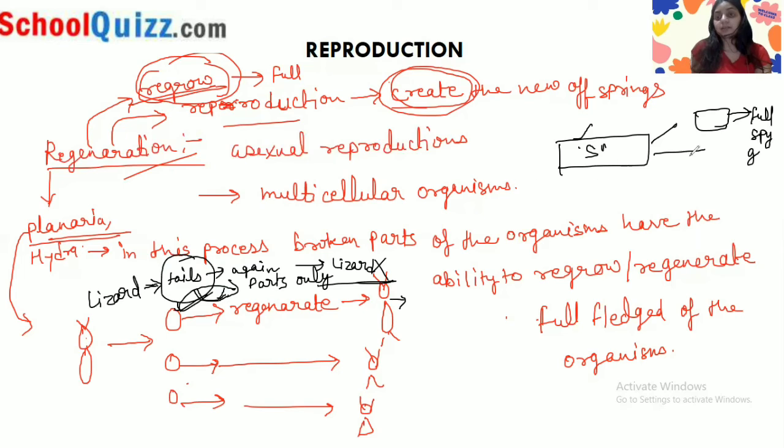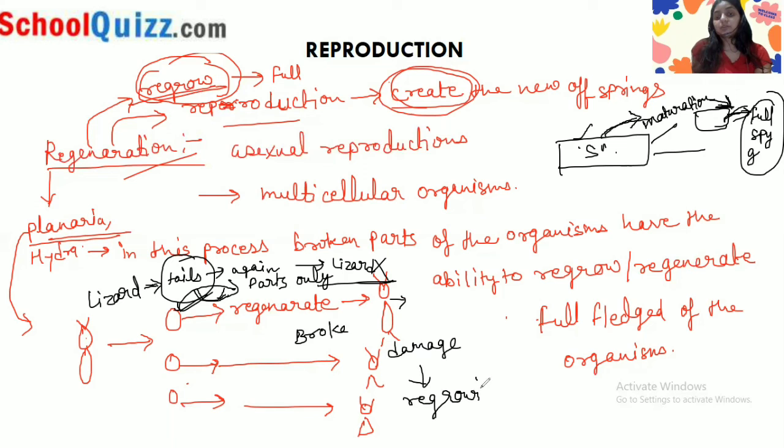And what is happening in fragmentation? Fragmentation happens at the maturation stage. This Spirogyra, at the mature level, will break or split into fragments, and these fragmented parts will grow into a full Spirogyra. But here, this is already a broken part, or you can say damage is happening there, so that's why the parts are regrowing.